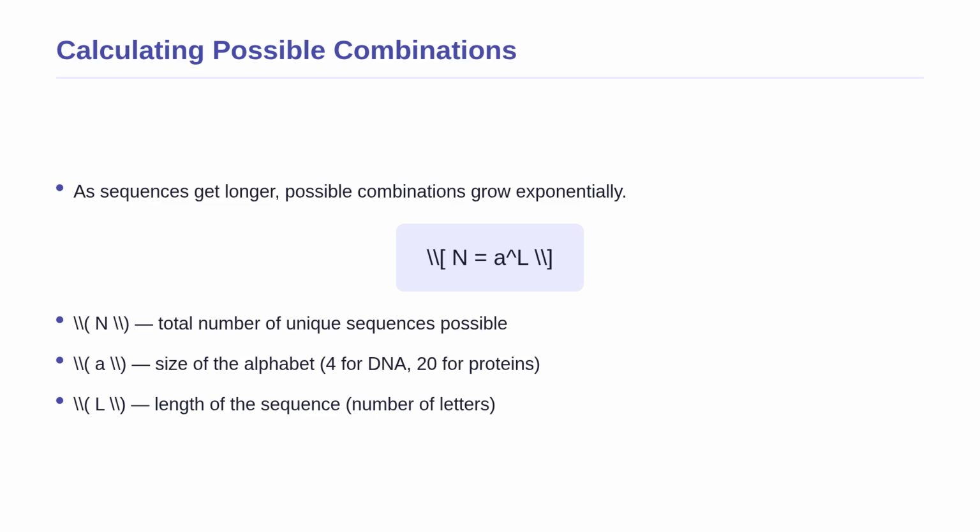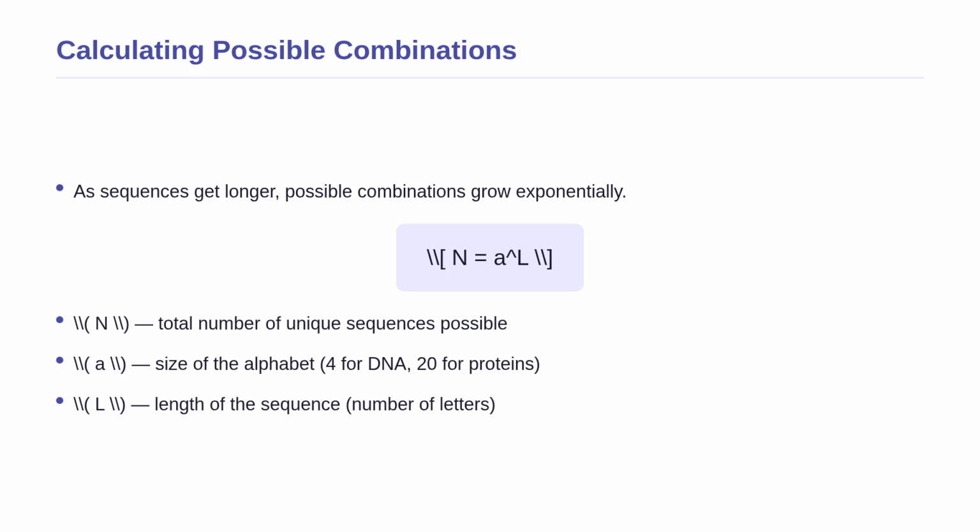Having seen how we get this digital data, we must now understand the sheer scale of it mathematically. Where does this vast diversity of life come from? It comes from combinations. The formula N = a^L calculates the total number of unique sequences that can possibly exist. Here, N is the total number of unique sequences.